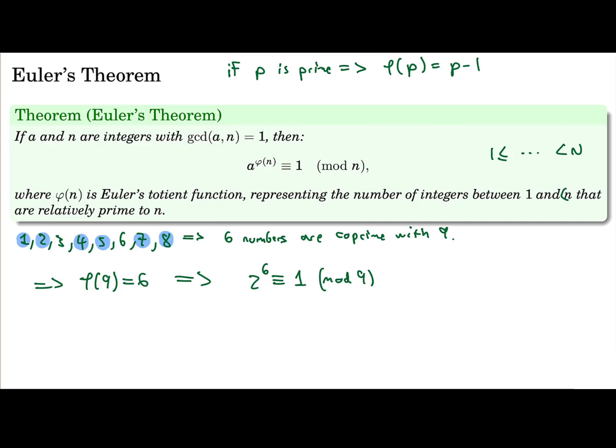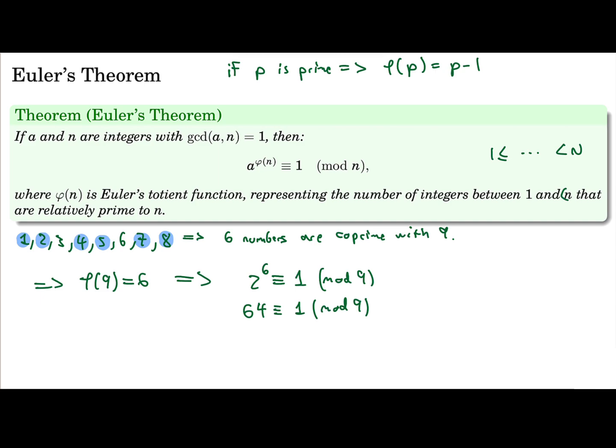If you compute 2 to the power of 6: 2 times 2 is 4, times 2 is 8, times 2 is 16, times 2 is 32, times 2 is 64. 9 times 7 is 63, plus 1 is 64. So indeed 64 is congruent to 1 mod 9.